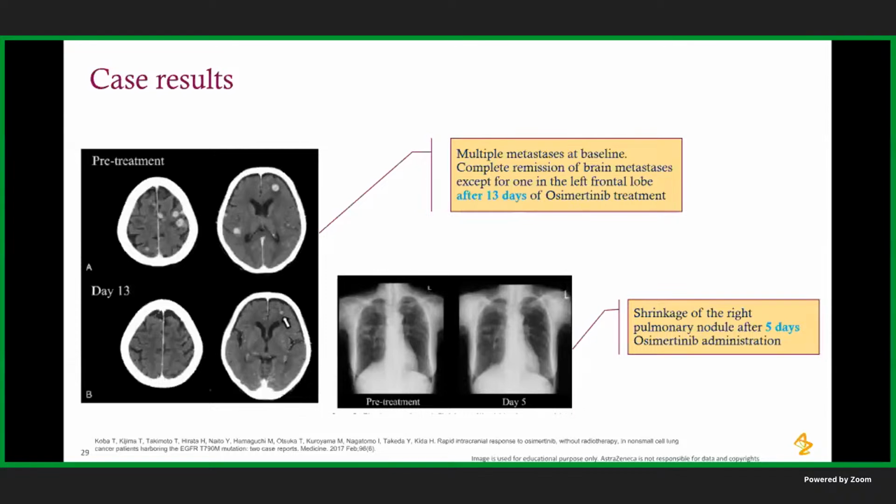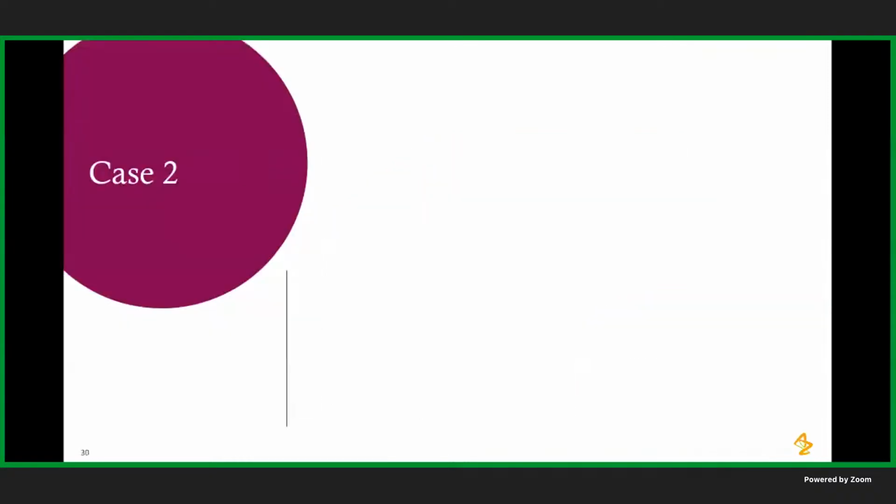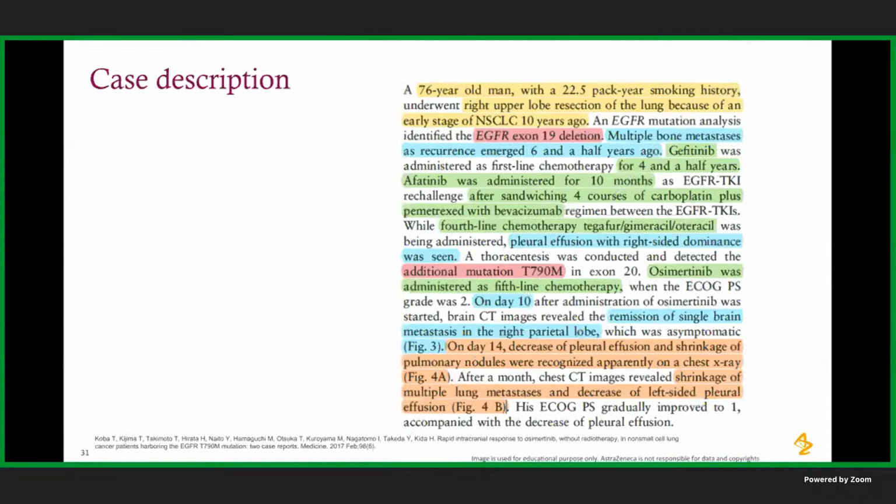There was not only clinical benefit but also a benefit in imaging. So, multiple metastases at baseline and complete remission of brain mets was there by day 13. And this was also there in the lung, apart from the brain.